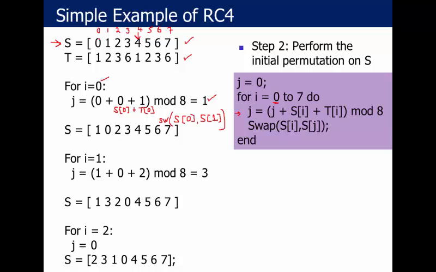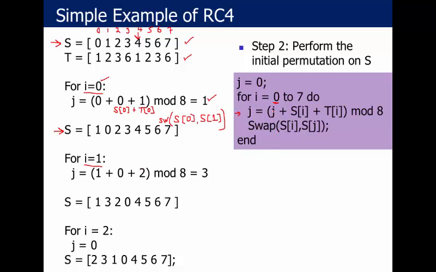So we swap these two, 1 and 0 only. So that is this. So this is a new state vector. Okay. So we're done for the case of I equals 0. And now we will take a look at the case of I equals 1.